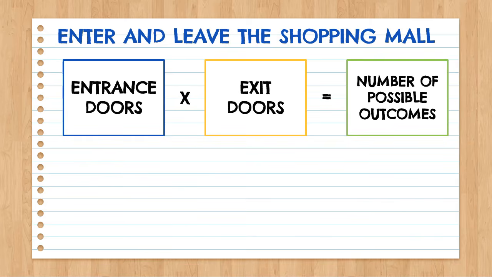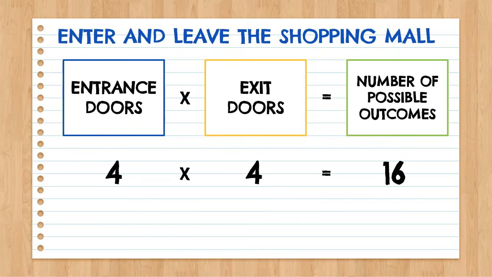Next, simply write how many elements are there in each event. In entrance door, we have 4, and in exit doors, we also have 4. Multiplying 4 by 4, we have a total of 16 possible outcomes. It is the same answer as in systematic listing.